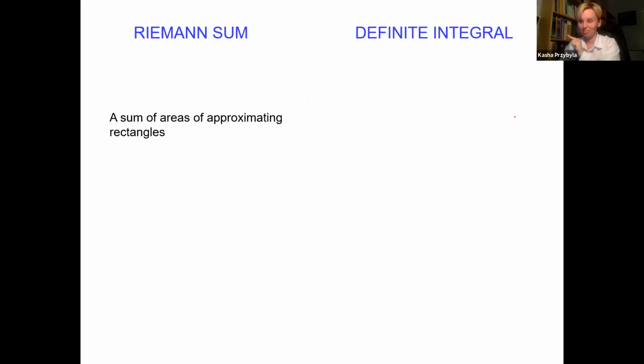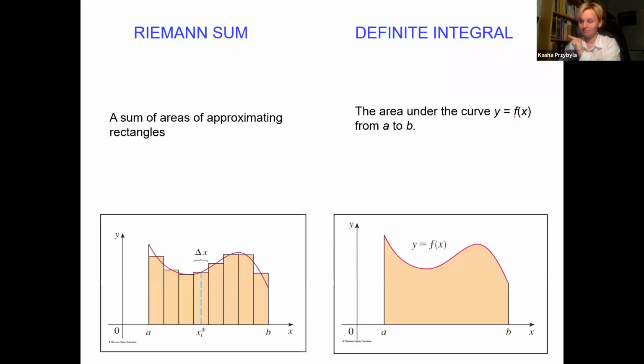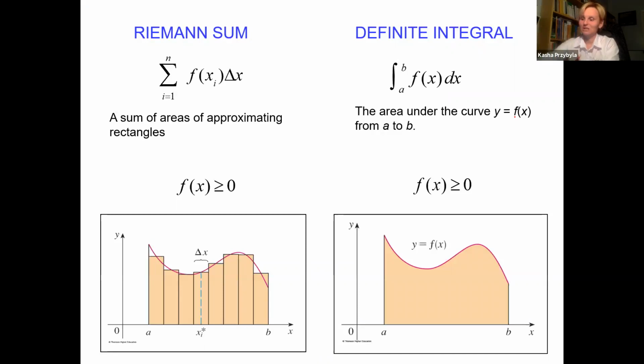And I have again some comparison: Riemann sum, definite integral.